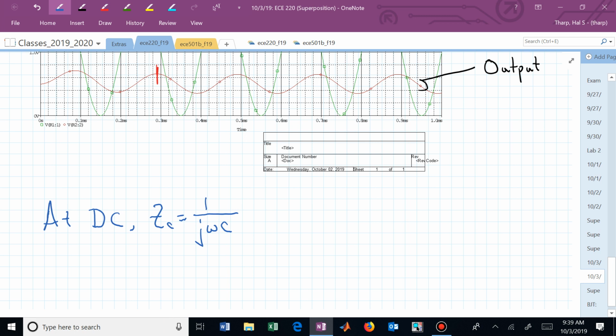So what happens to the impedance of our capacitor at DC? If we divide by 0, what happens? It gets very big, doesn't it, in magnitude? If you just looked at the magnitude of j, what's the magnitude of j? j, remember, is the square root of -1. How did we draw j in our two-dimensional complex field?